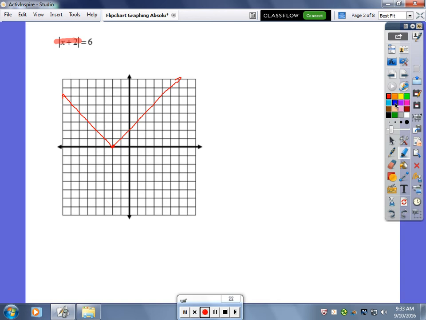Now let's look at the right side of the equation, and that's pretty easy because it's just the constant 6. Let's graph the constant 6 as a horizontal line going through the point y is equal to 6. And here now we have 2 points of intersection.